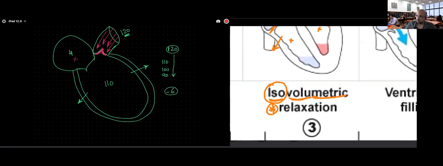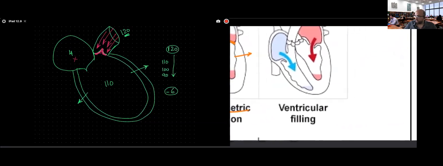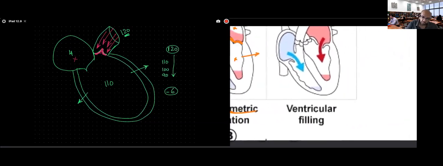All right. What if you kept going down? And you will. You kept going down, you reach 0 pressure, even a negative pressure. So what's going to happen now? Now it's not 110 anymore. It's 0 and negative pressure inside. So what are you going to do?